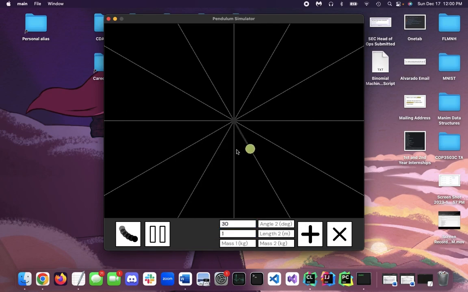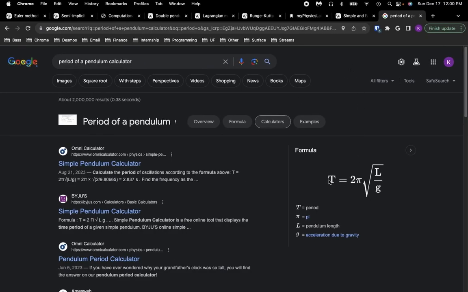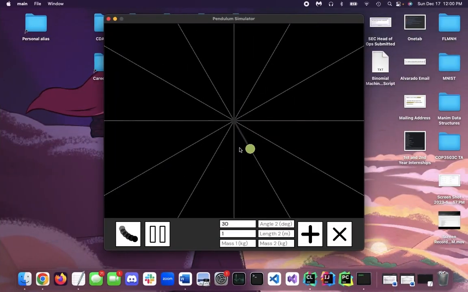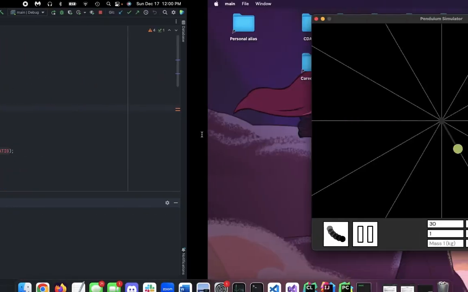You could calculate the period of the pendulum using, right, the period of a pendulum is 2π√(L/g), where L is the length of the pendulum and g is the gravitational constant, which I'm using Earth's, 9.8 or 9.81 around there. And it would come out to be almost exactly the same, right? Because we're using some numeric integration, which I'll show off the math and design of later in the source code.